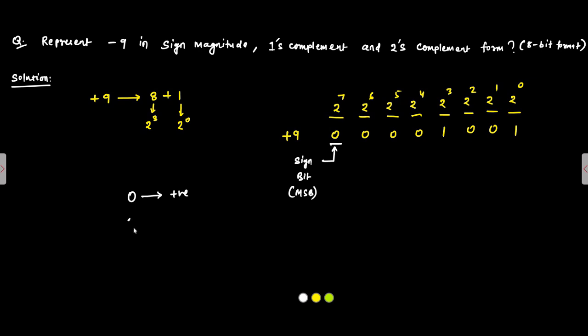If it is 1, it represents a negative number. The remaining bits are called the magnitude bits.